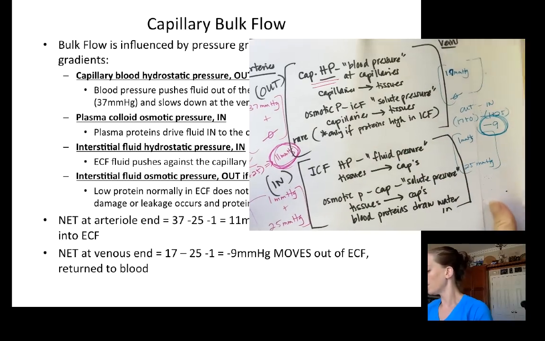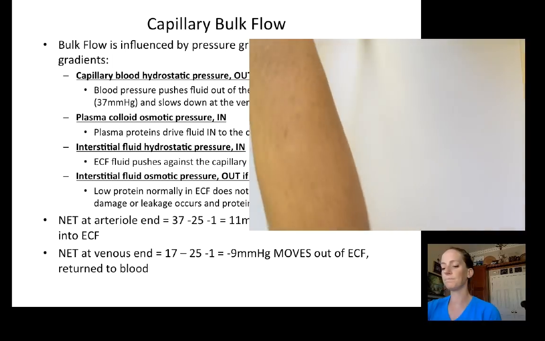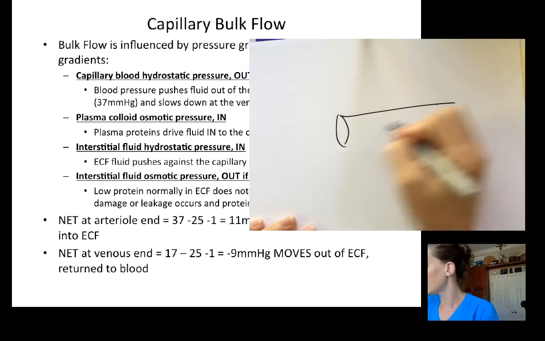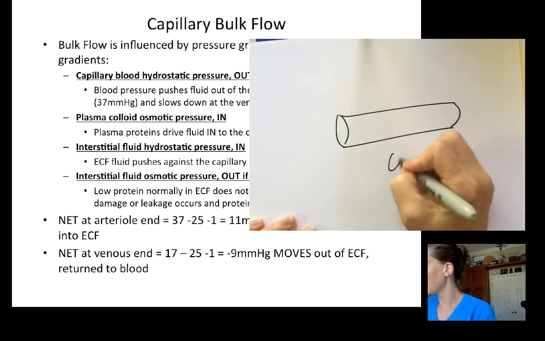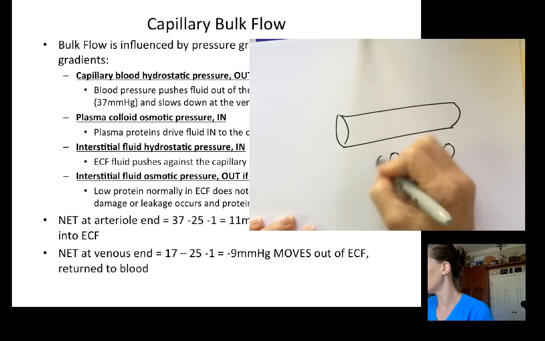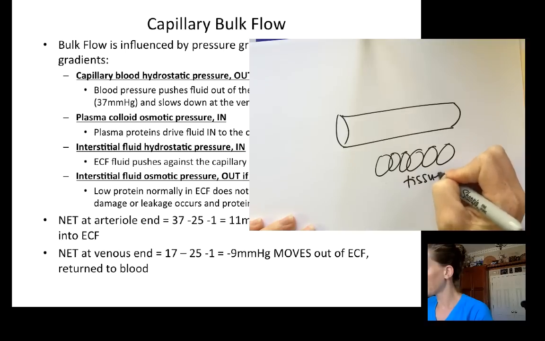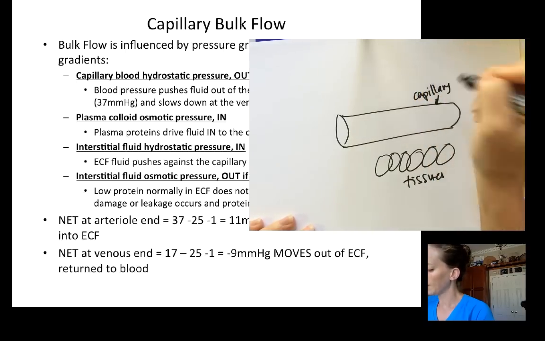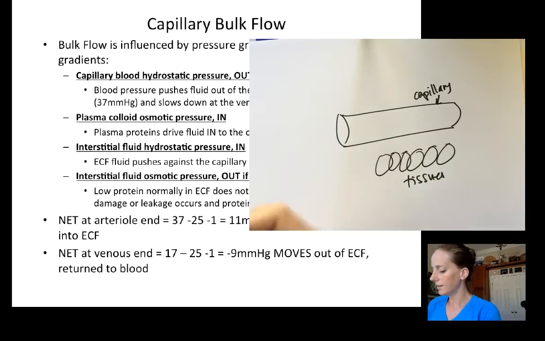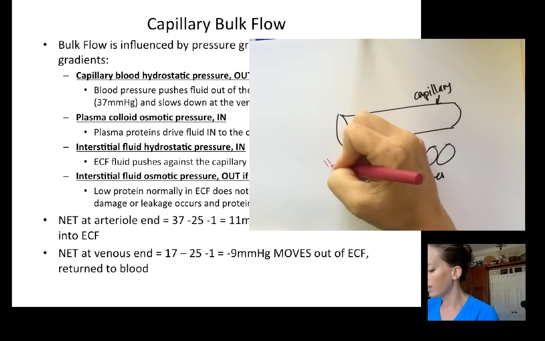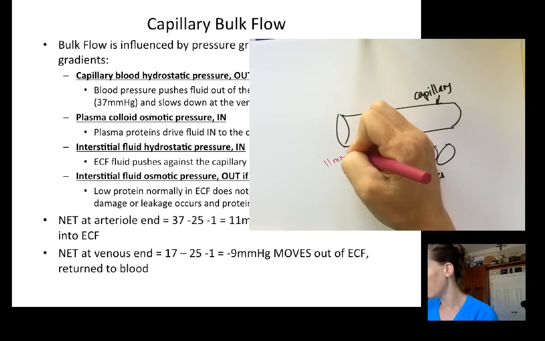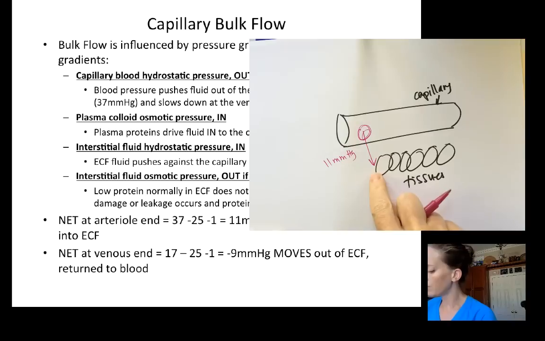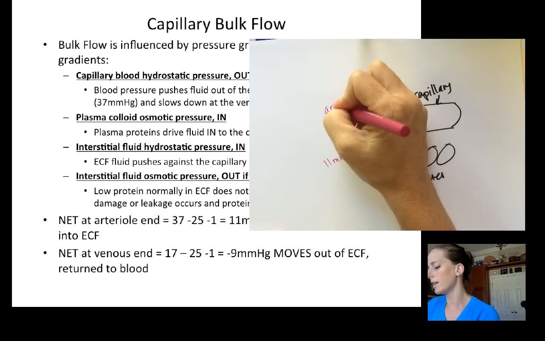So in other words, putting this together across the capillary to the tissues, we had net flow of 11 millimeters of mercury from the blood to the tissues at the arterial end.